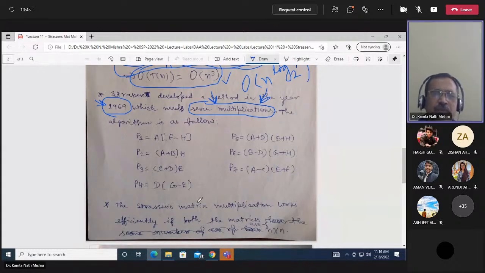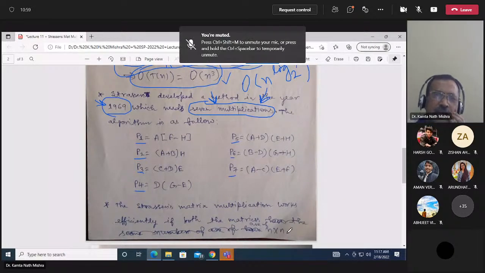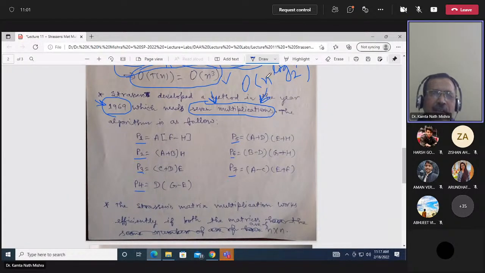Now you see how he did that. He assumed P1, P2, P3, P4, P5, P6, P7. These are 7. So A into (F minus H). (A plus B) whole into H, it is P2.